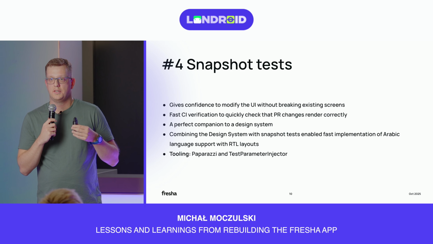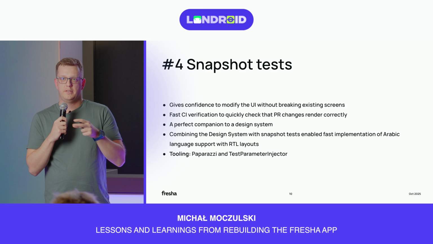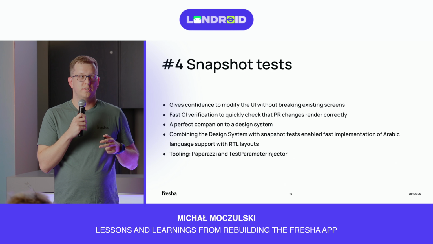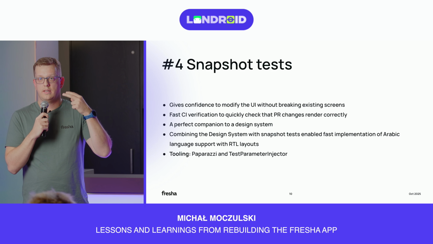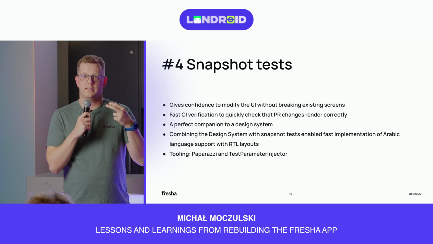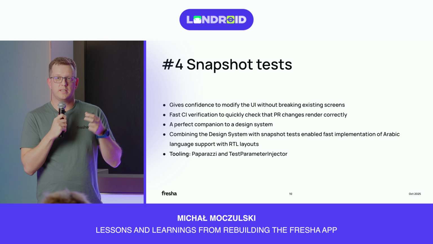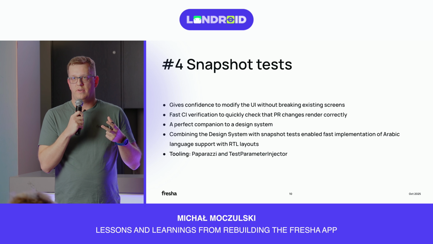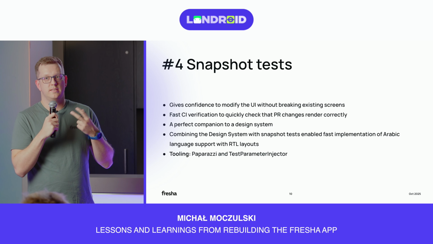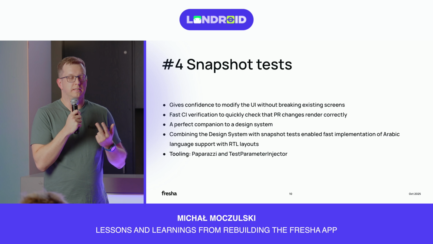And also, some time ago, we had a case where we had to add support for the Arabic language with right-to-left layout support. And because we had a design system in place, we had snapshot tests. It was basically just a matter of adjusting some components, adding a new variant to the snapshot test, and all the work was done.